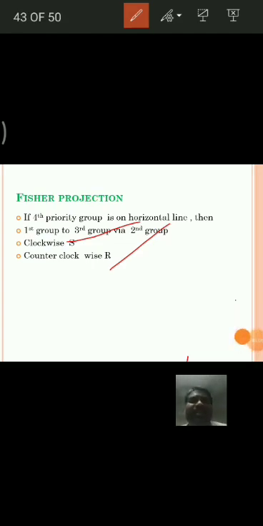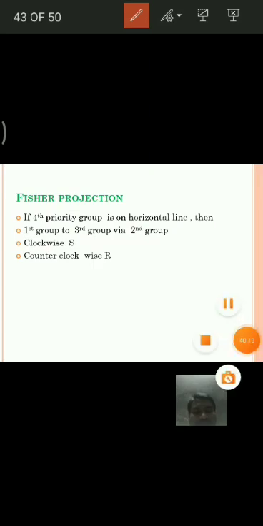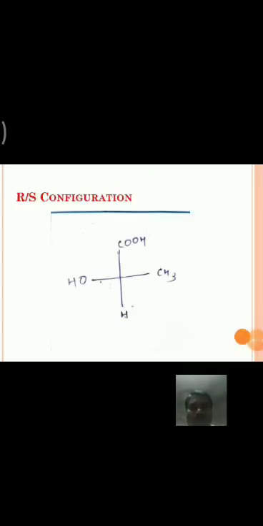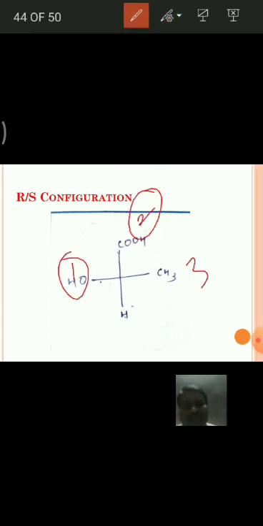If you see the examples, we should understand this. See, this is the molecule having Fischer projection formula. If we assign the priority, OH is 1, CHO is 2, methyl is 3, hydrogen is 4.